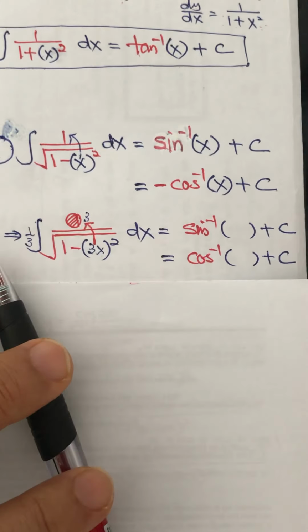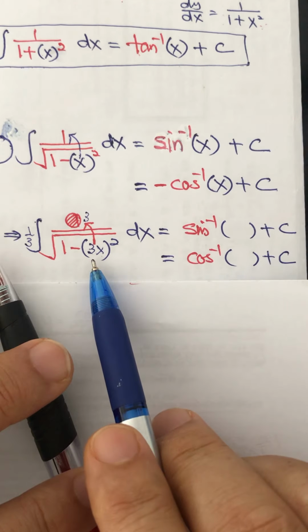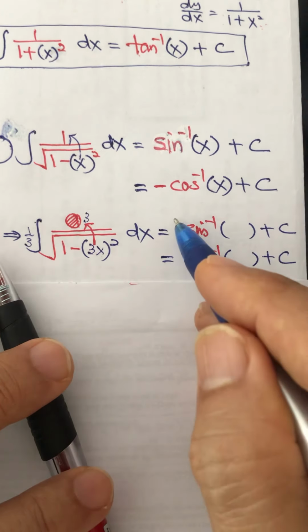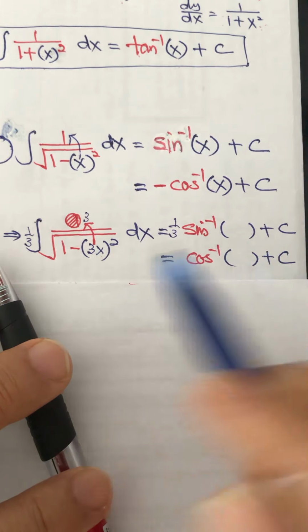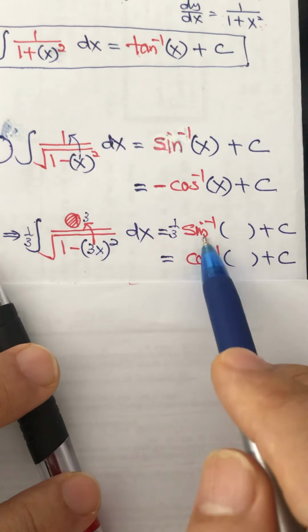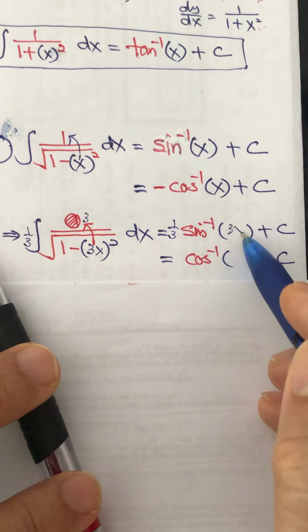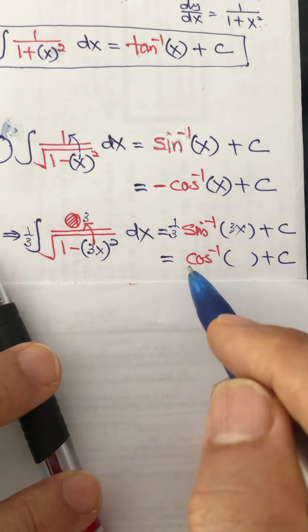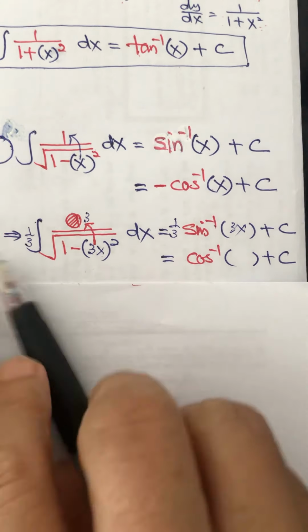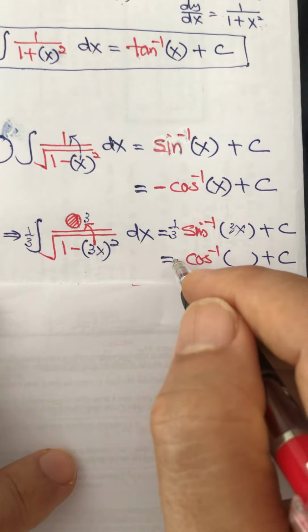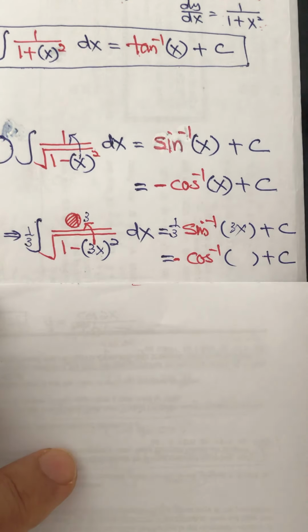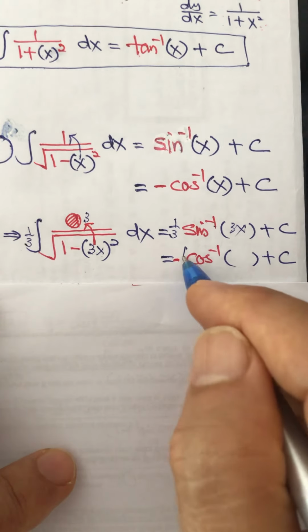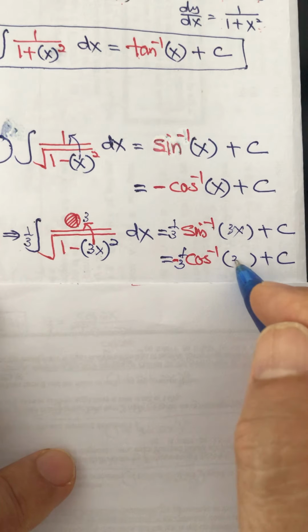It's the same one. But you differentiate this, then this one will become 1 over 3 arc sine 3x, or if it is negative, then because we have 1 over 3, this one is 3x like that.